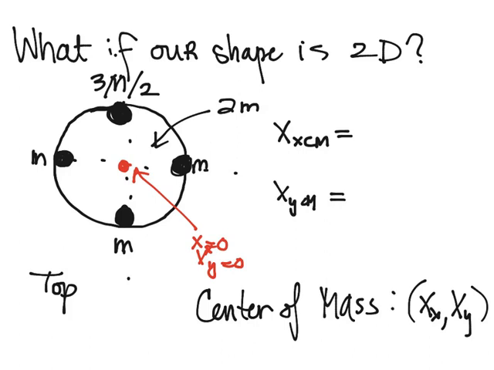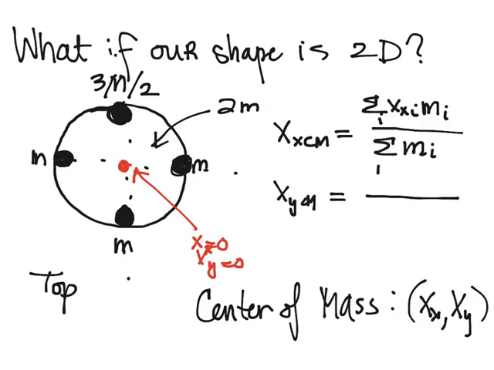Okay, so just like the normal center of mass formula, xx center of mass will be the sum of all of the x positions of our objects times the mass of our objects divided by the sum of the total mass, and xycm will be the sum of all the up and down coordinates for every single mass.